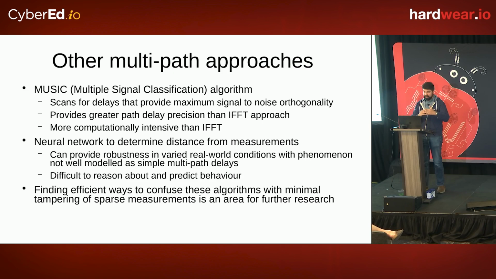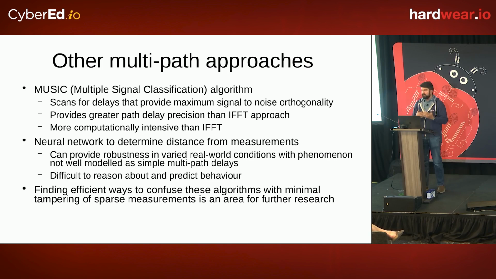And then you essentially do some optimization to find the delays that best match the measured data. So this approach handles sparsity in the measurements much better. And secondly, it allows achieving significantly better precision than what the inverse Fourier transform does in timing. So this is what a lot of implementations are using to get more precise timing estimates.